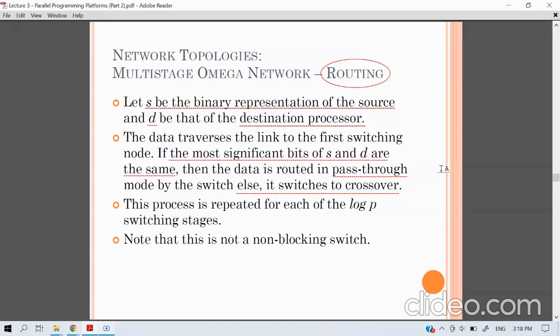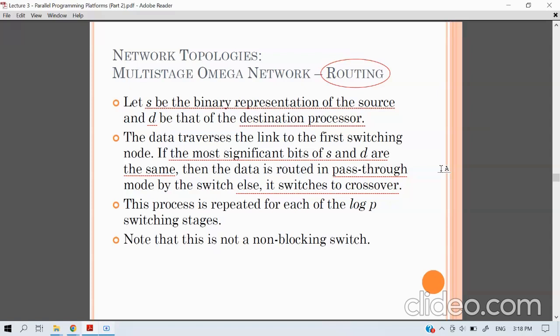So if the addresses of the source and destination are the same, choose the pass-through routing, or else if the addresses are not similar between the source and destination, choose the crossover routing.